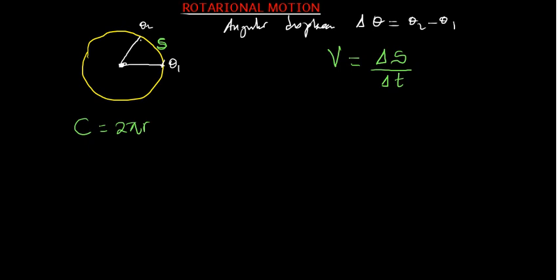So arc is just a part of a circle where the angle here is theta. Because we're only talking about a part of a circle, it becomes theta over 360. Now we are working in radians, so it will be theta over 2 pi, and then times 2 pi r.